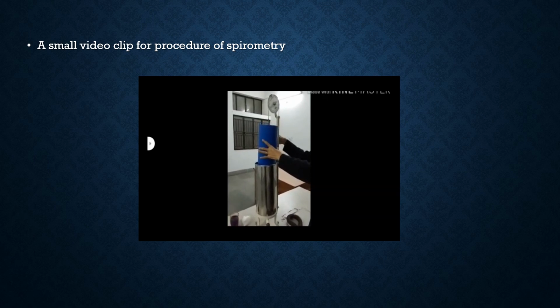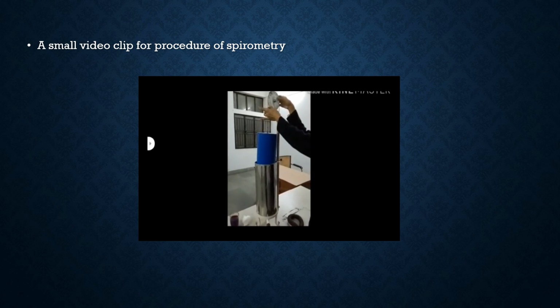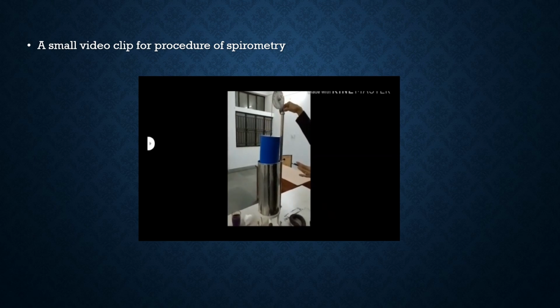The top of the bell carries a hook to which a chain is attached. The chain passes over a frictionless pulley. This is the pulley. A counterweight is attached on the other end of the chain.